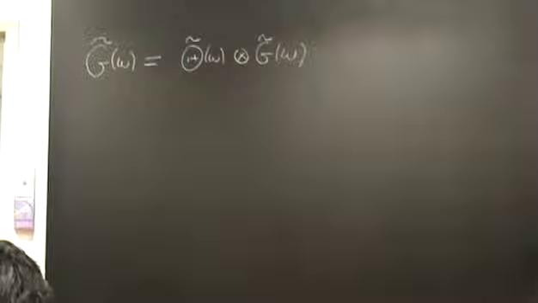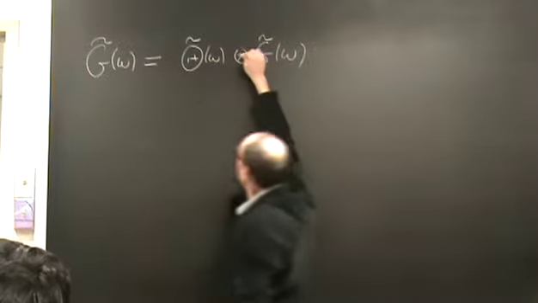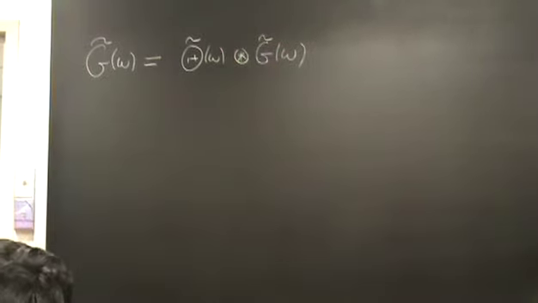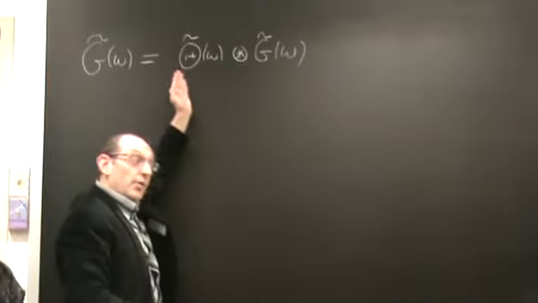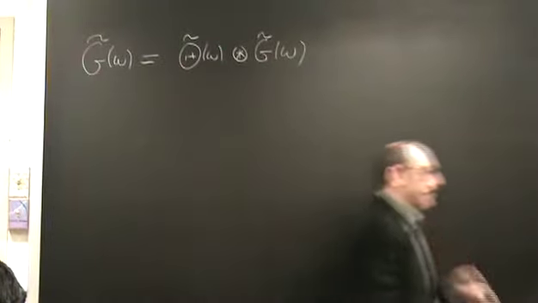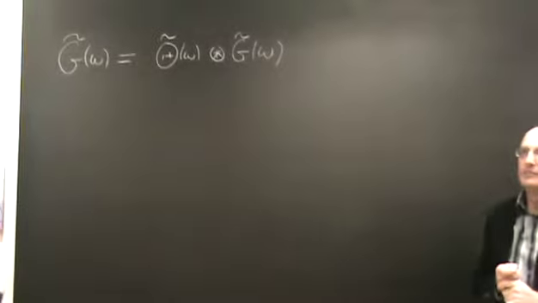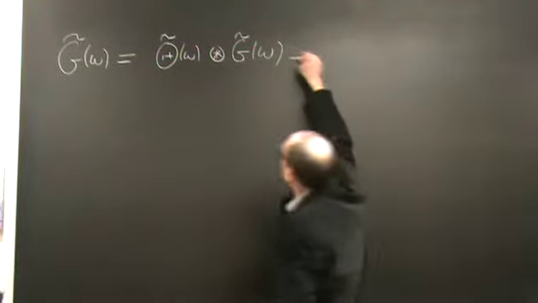Right? Because if the function is the same thing whether I multiply it by a step function or not, then in the frequency domain it must be the same thing if I convolve it with the Fourier transform of that step function.